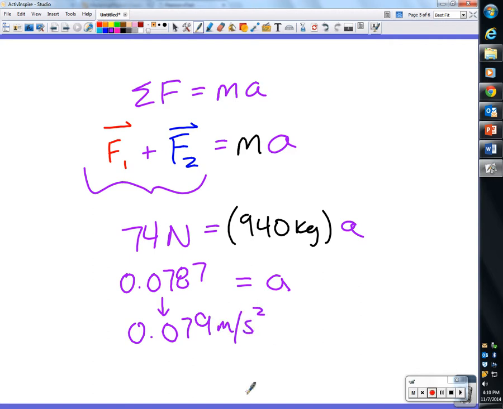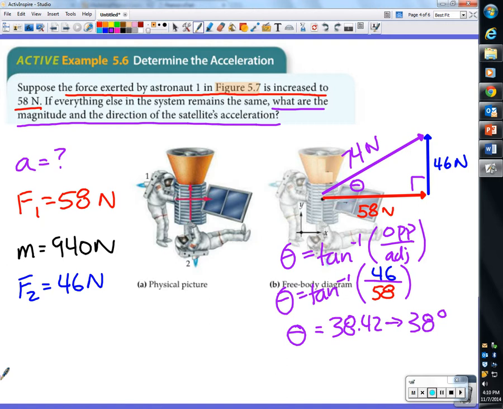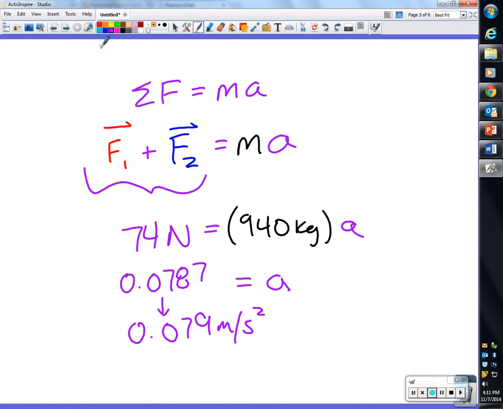That's what I get for the value of the acceleration, or the magnitude of the acceleration. But, like we discussed before in the previous problem, the acceleration is going to occur in the same direction that the net force is acting. So, if the net force is acting at 38 degrees above the positive x-axis, the acceleration will also occur at 38 degrees above positive x-axis.